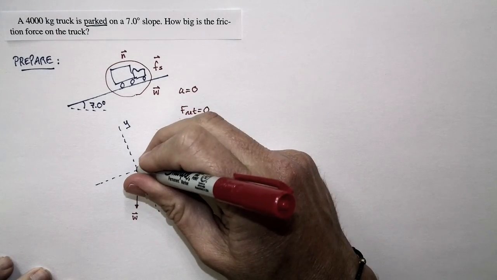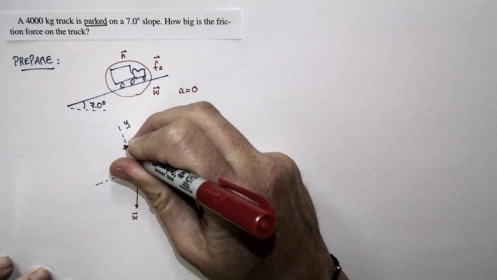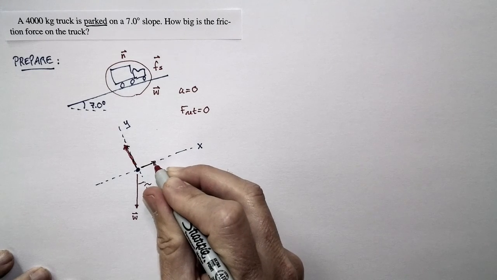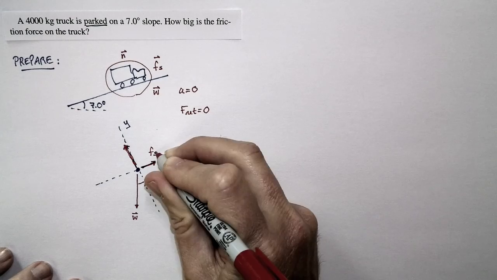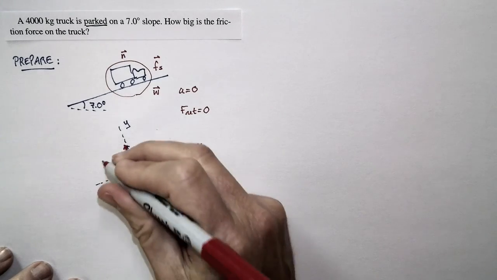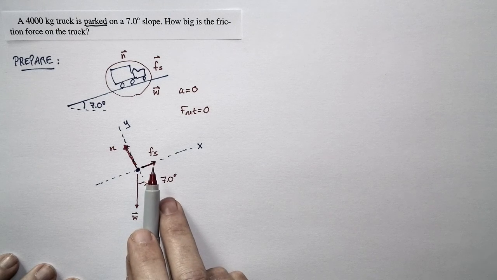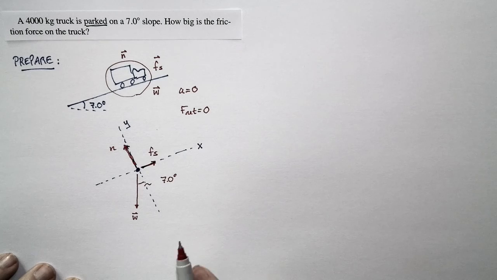There's the normal force, which acts perpendicular to the slope, so it acts in this direction along the y-axis. Then there's the static friction force that acts along the x-axis, and this points up the slope. The friction force is the force that keeps the truck from sliding down the slope. That makes sense because if friction went away, we know how the story ends. The truck slides down the slope. So this is making sense so far.